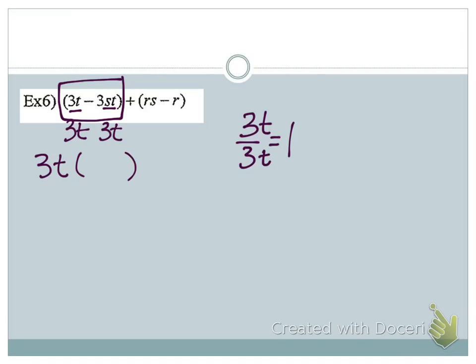So it's the same thing if you put a t on the top and bottom. We're left with a 1. And in the back here, what are we left with? We're left with an S in the back. The sign in the middle was a minus. We didn't change that, so we'll keep it the same.